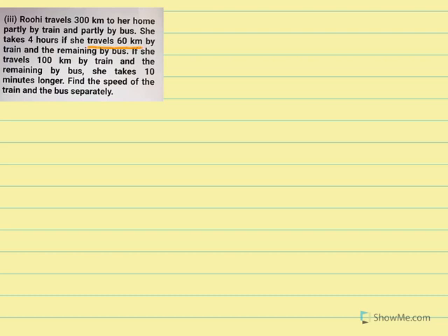In the second case, she will travel 100 kilometers by train and the remaining by bus. So we now make the table with 100 kilometers by train and the remaining, that will be 200 kilometers by bus.